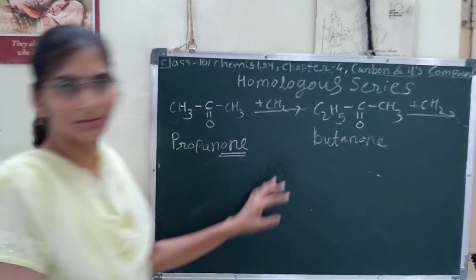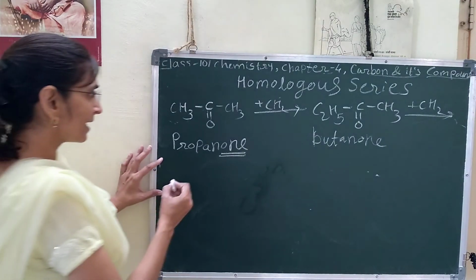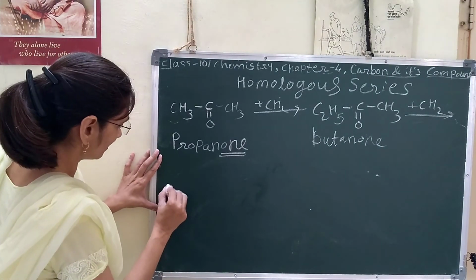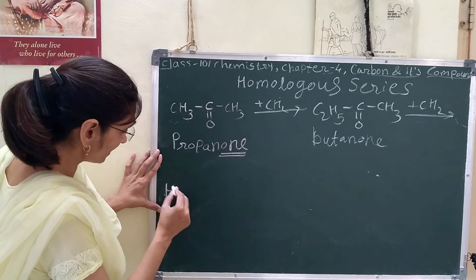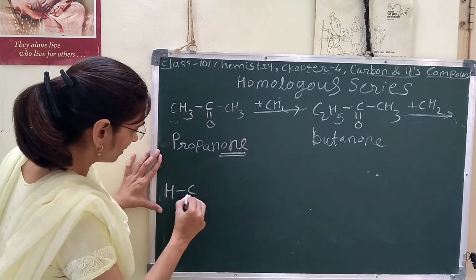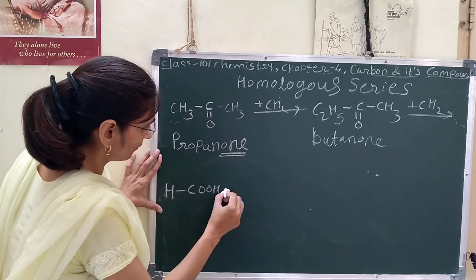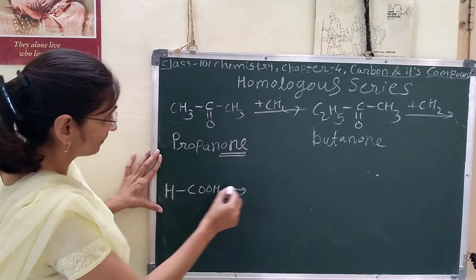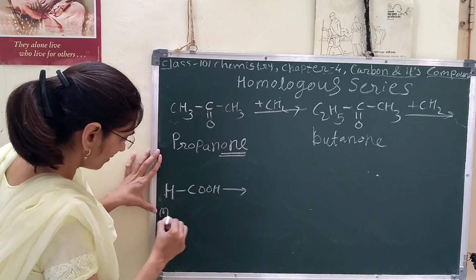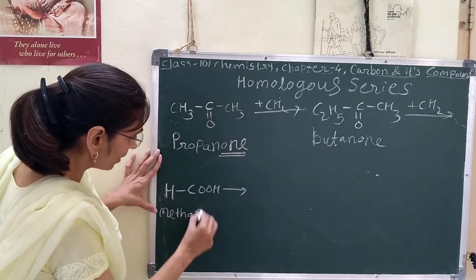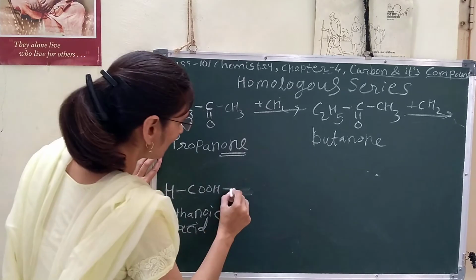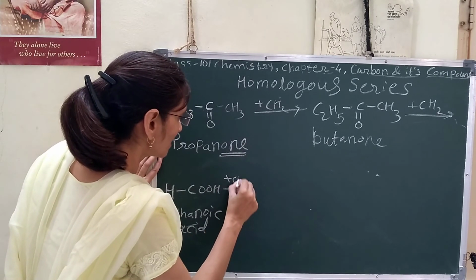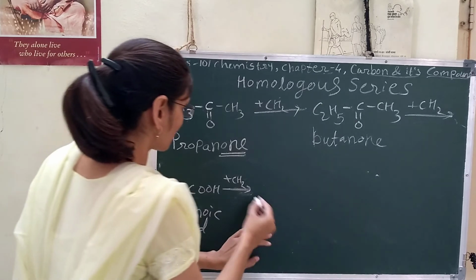Yes, for acid also. For acid, first we will start from formic acid. From H we can start. HCOOH will be the first, that is methanoic acid. If I add CH2, what will be the next?